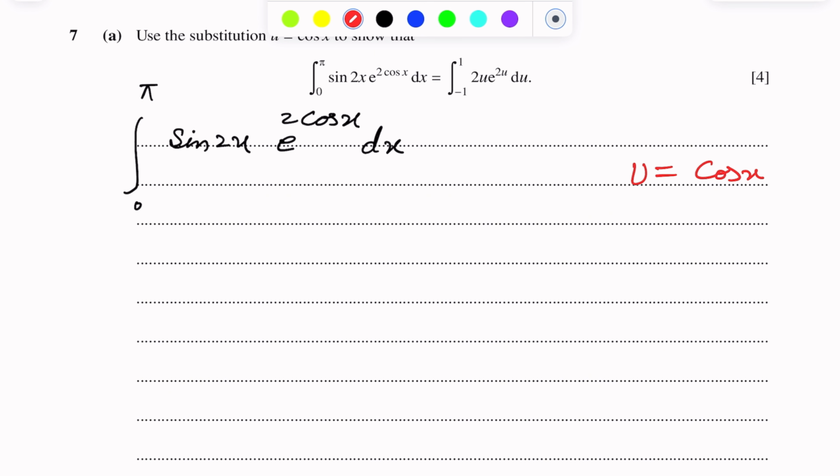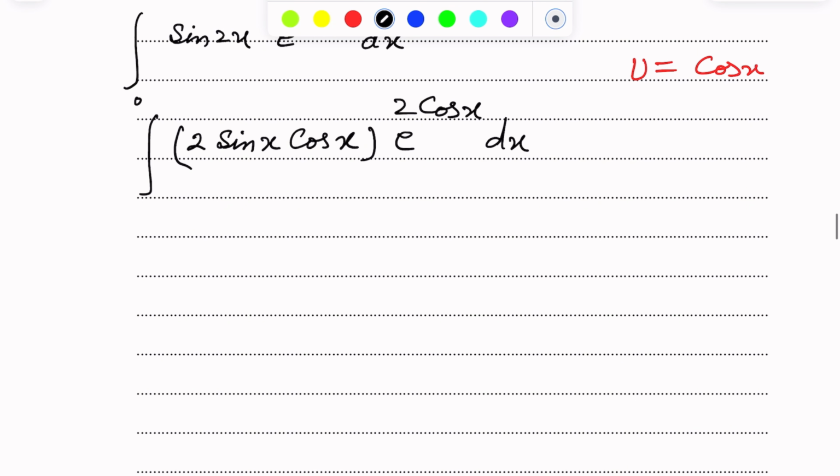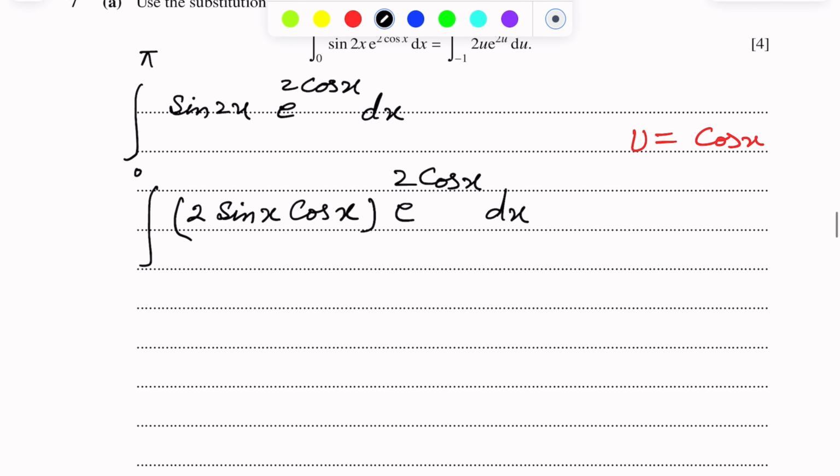Now first of all we will use a double angle formula. Sin 2x is 2 sin x cos x, into e power 2 cos x with respect to x. Limit will be changed, so we are not writing the limit here.